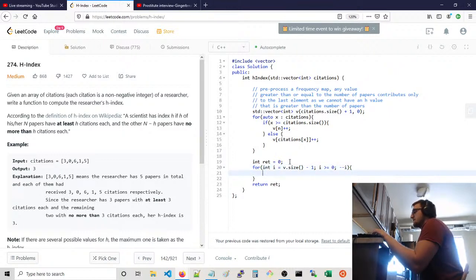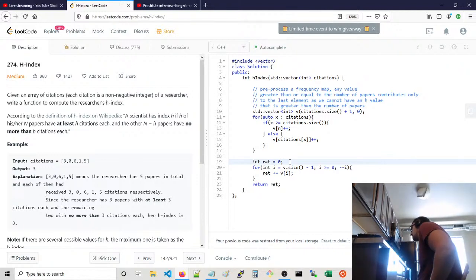Actually it could just be ret. Ret plus equals V of i. No, we could do just total.